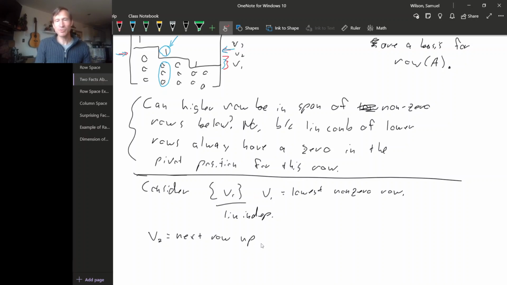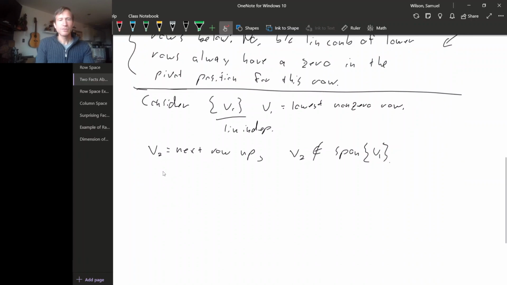So if we take the next row up, we know that this is not in the span of V1. That's what we just proved. Higher rows can't be linear combinations of lower rows in reduced row echelon form. So we know that if we start with a linearly independent set and add a vector that's not in the span of that linearly independent set, it's still linearly independent. So this shows us that V1, V2 is linearly independent.